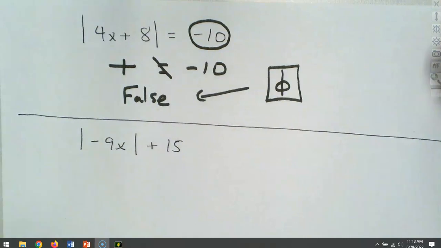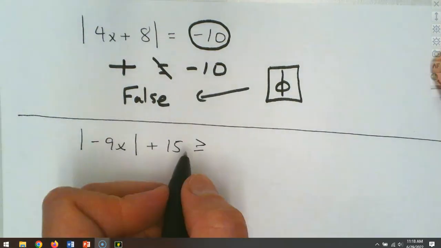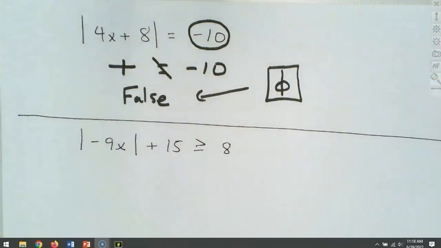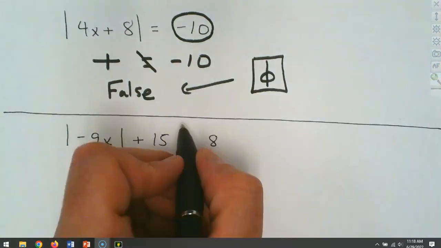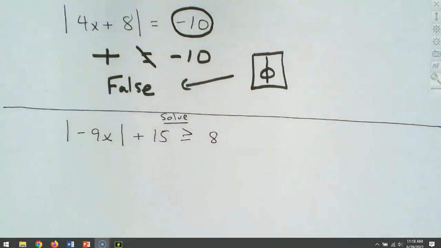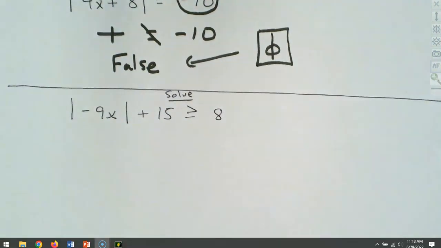Okay, let's make sure I got it right here. How about greater than or equal to 8? So here's another one to look at. When you first look at it, you might think that you have to solve it. But in reality, you don't. Because before we do any other operation with these absolute values, we have to make sure that the absolute value itself is isolated on the left.